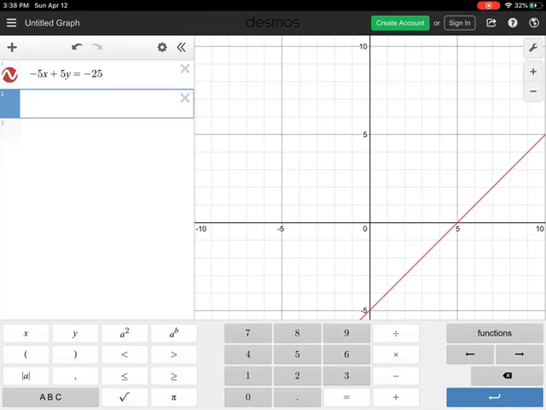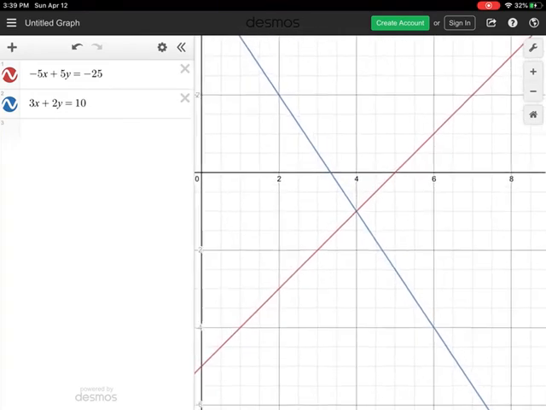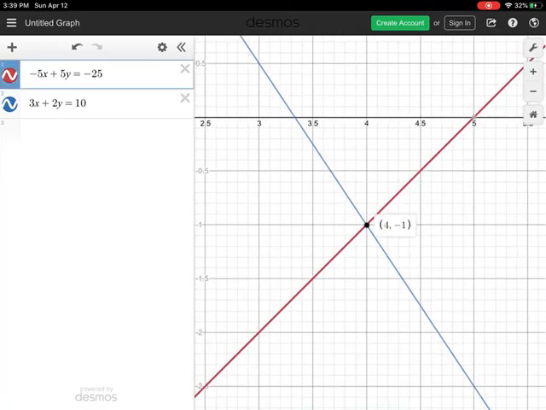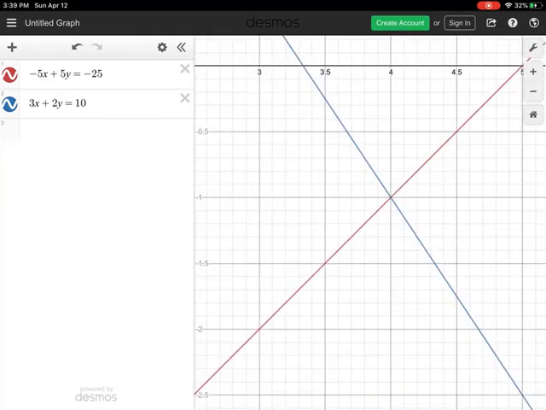Second equation, 3x plus 2y equals 10. Now I want you to look at this graph really quickly. Let's look at where these two lines intersect. That coordinate is 4, negative 1, which is what we got as our solution. So remember, our solution is where our lines are going to intersect on a graph.